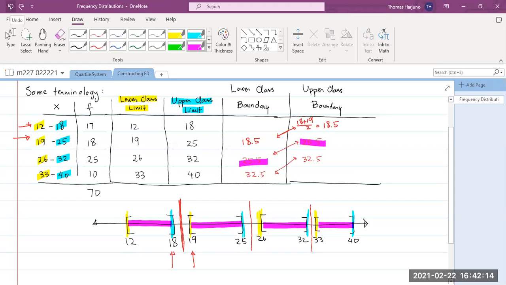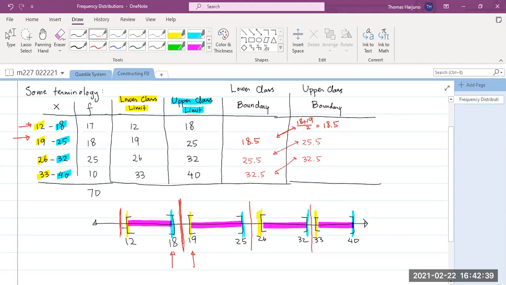Now, another purpose of boundaries is to tell us how far the lowest class can go lower and how far the highest class can go higher. In other words, what is the lower class boundary for this class of 12 to 18?